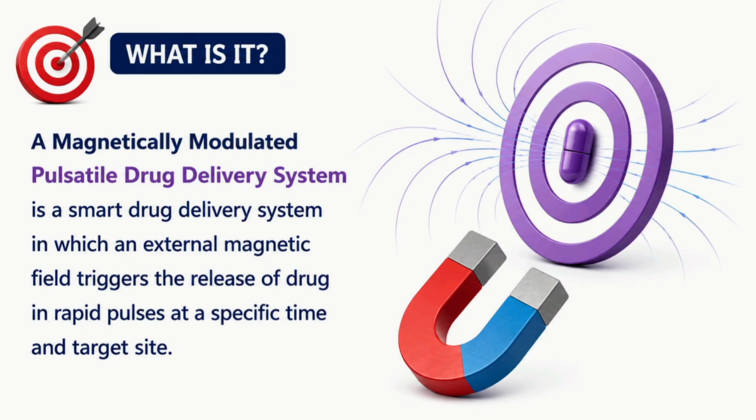Patients do not need insulin continuously every minute. They need it only when the blood sugar increases. Similarly, this system waits inside the body. When a magnetic field is applied, the drug is released immediately. Without the magnetic field, the medicine remains inside the capsule only. So this provides controlled drug release.